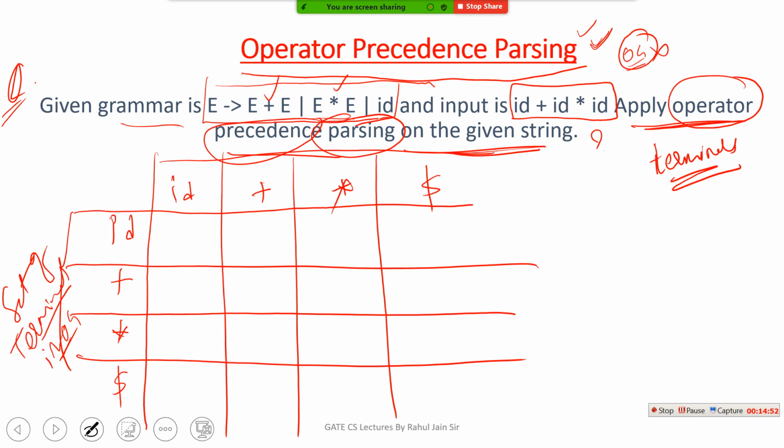Is there any problem, guys, in my audio? Maybe today the internet connection may not be proper. I don't know why, maybe due to network errors.